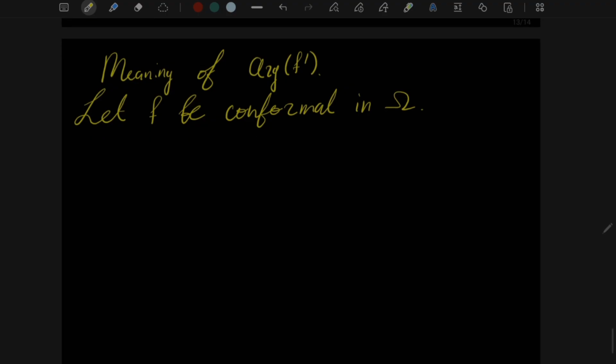Okay, so let us have a conformal function in a domain. Let's first have a little reminder of the meaning of the derivative of a complex valued function of a real argument, so of a curve in the complex plane.